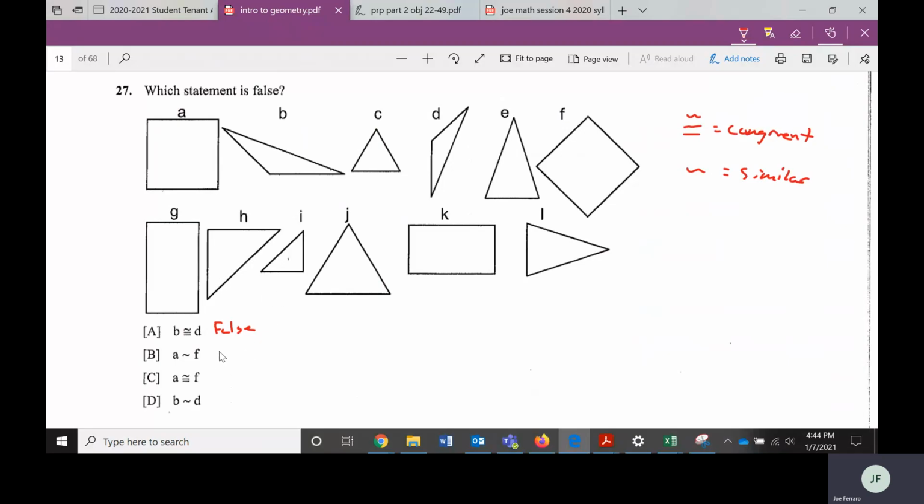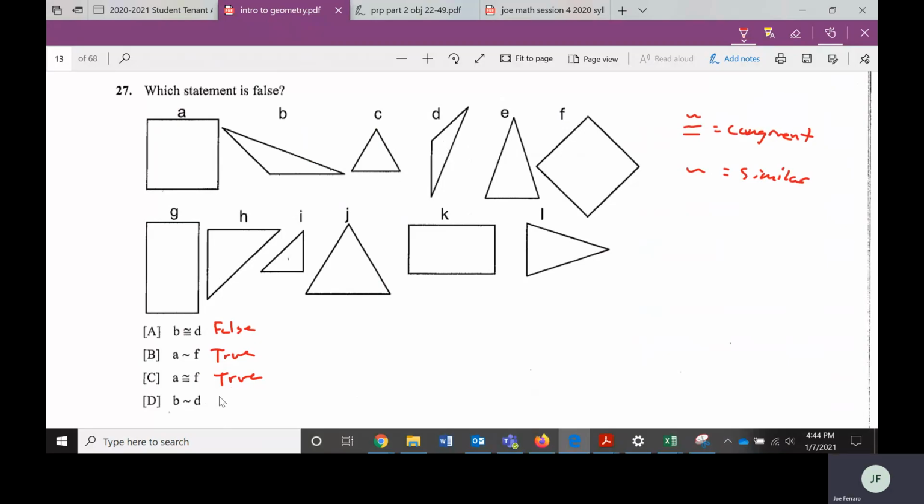If 2 objects are congruent, they are also similar because they're proportional by multiplying by 1. So A and F, I still think they look congruent. And then B similar to D. They look like similar triangles, just different sizes.